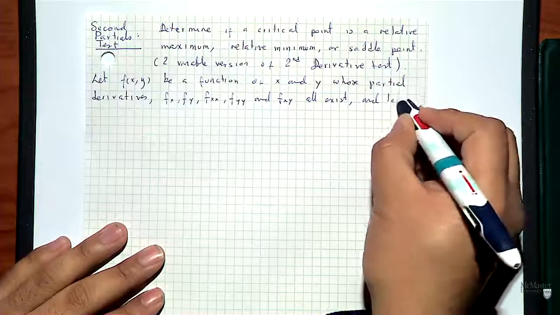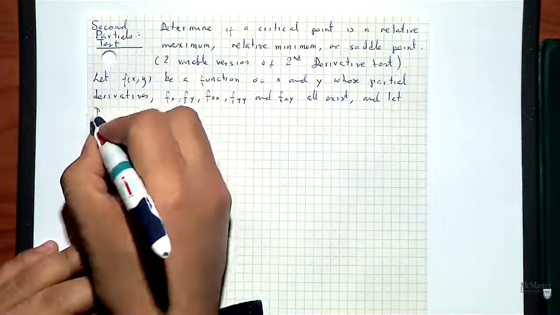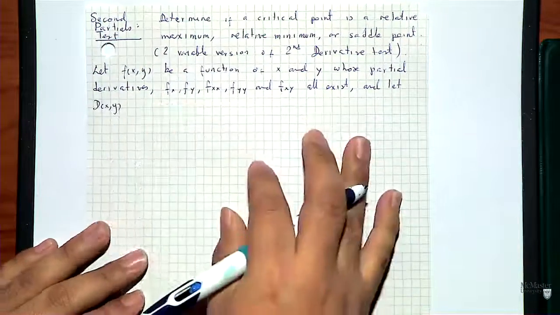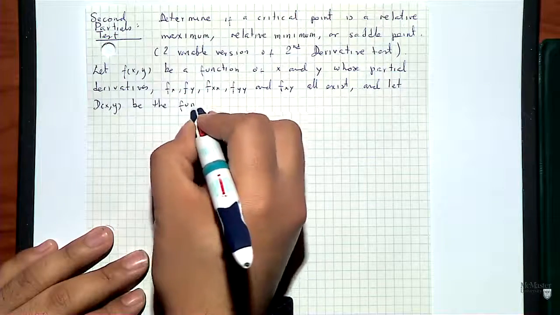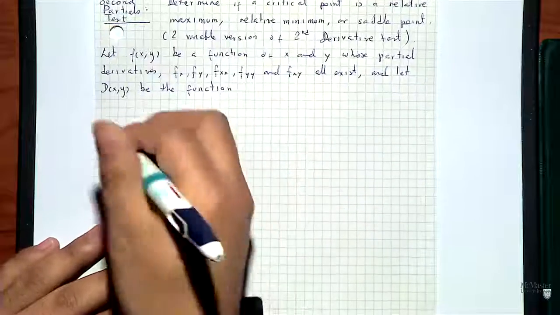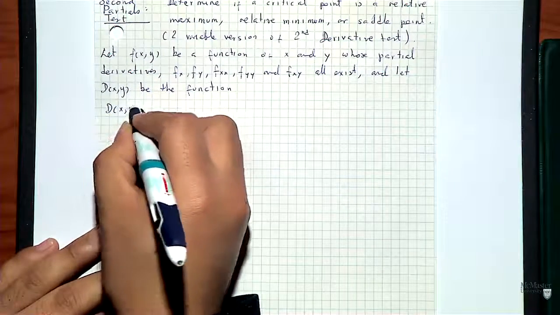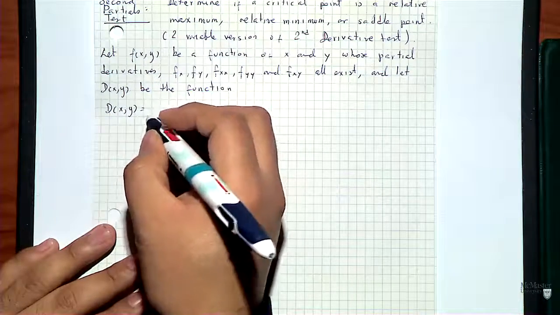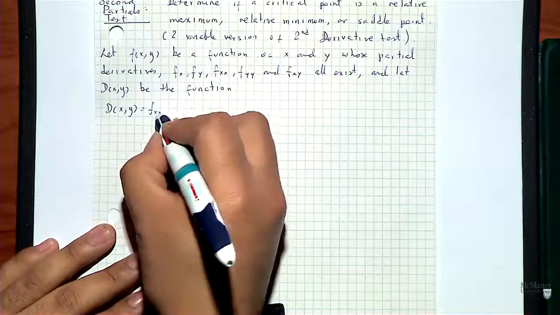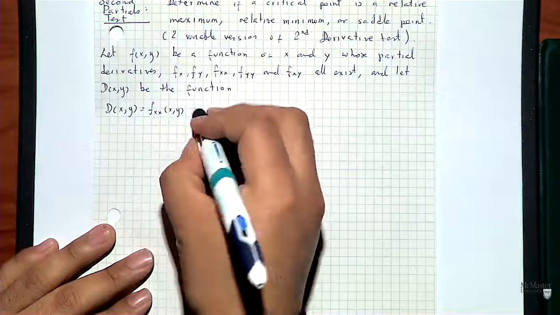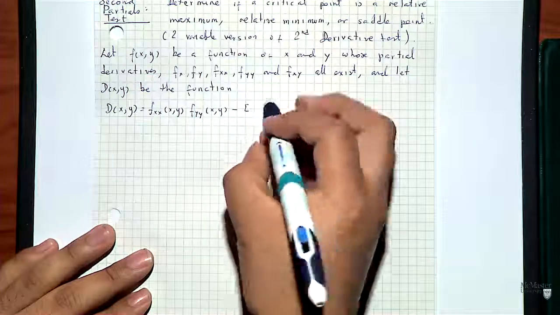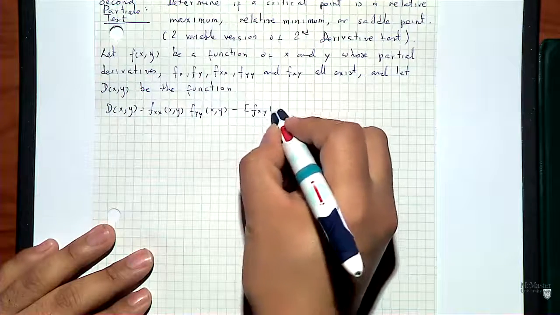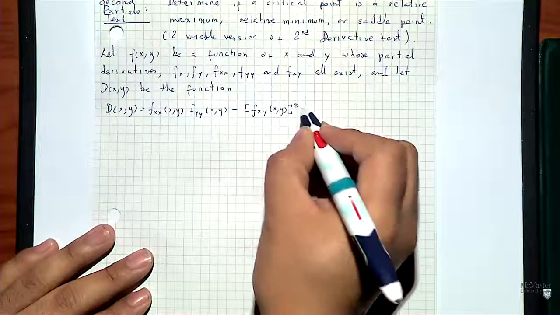And I will define a function D of x y to be the function below. D of x y is equal to f_xx evaluated at x y, times f_yy evaluated at x y, minus the square of f_xy evaluated at x y.